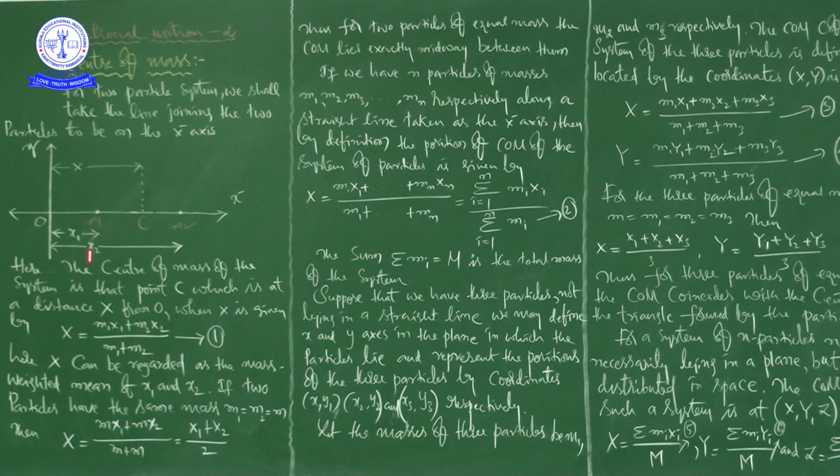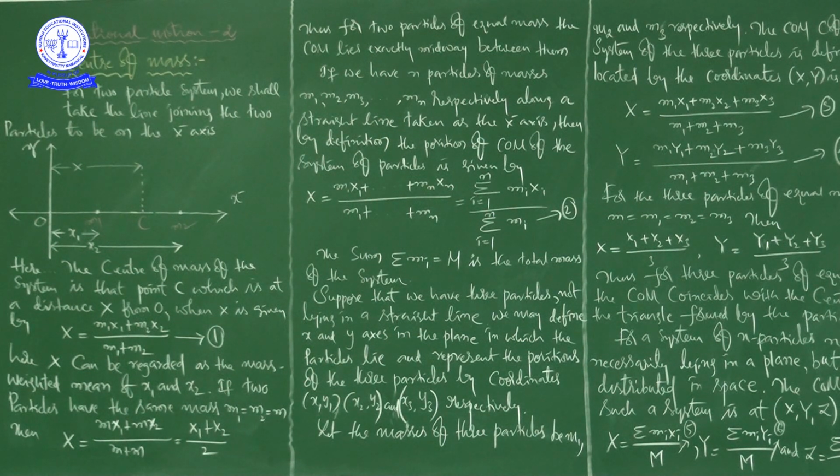We imagine one coordinate system, where M1 is x1 distance from the origin, and M2 is x2 distance from the origin. And where is the center of mass here? How to find the position of center of mass?